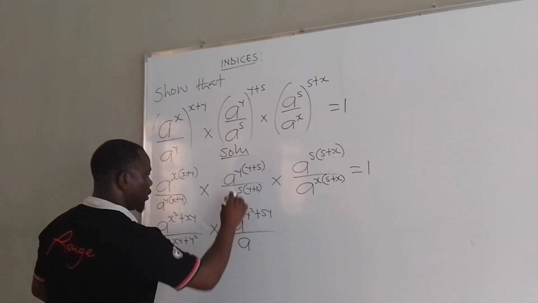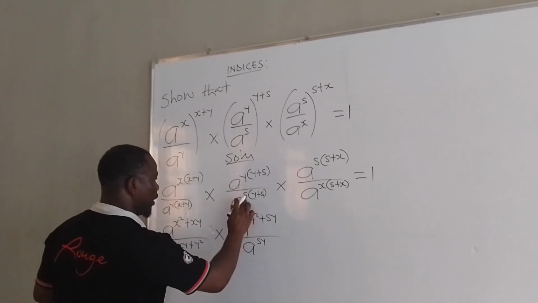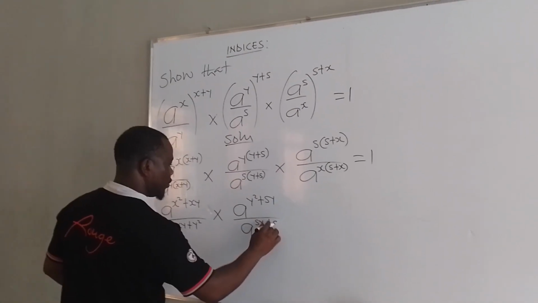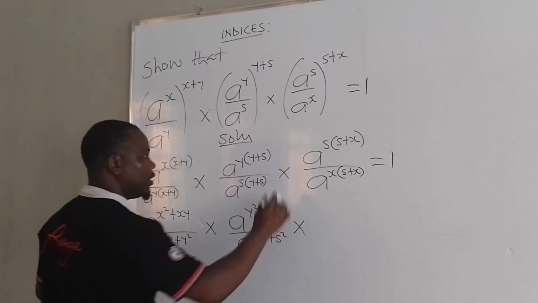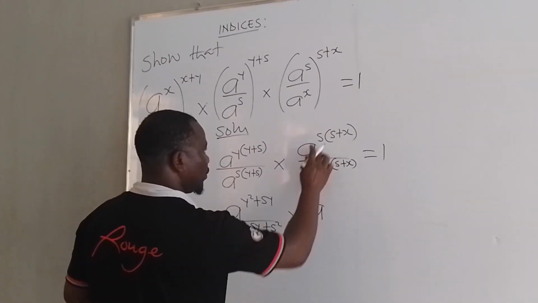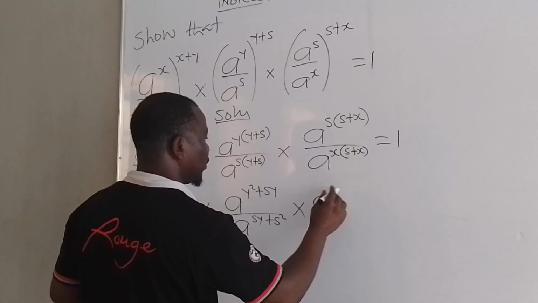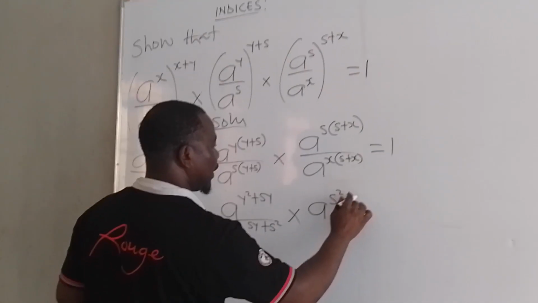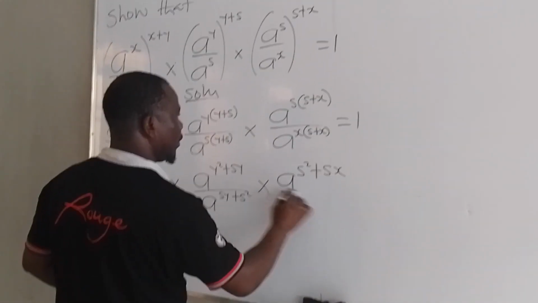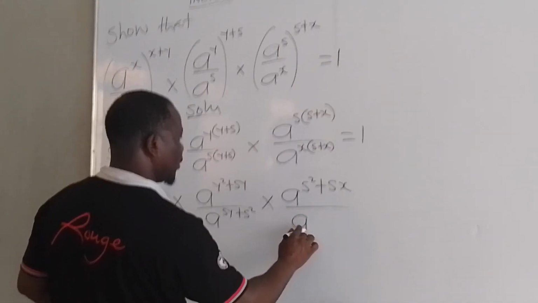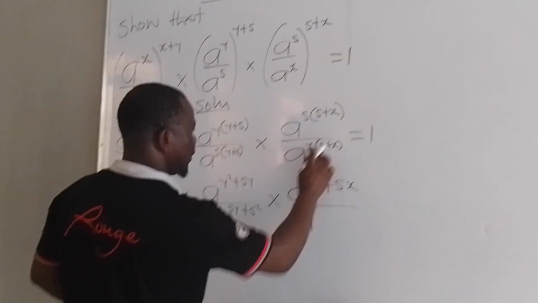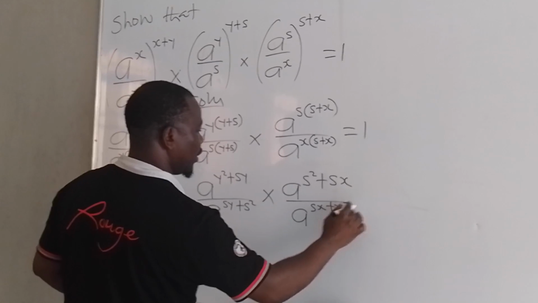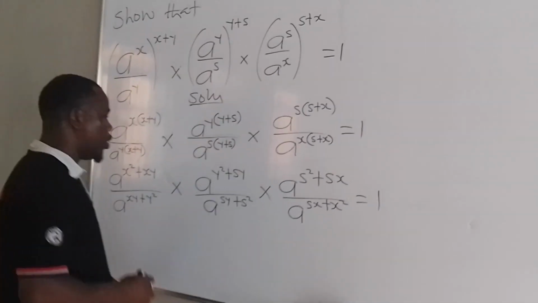Then a raised to the power of x times y, sy, plus s times s, it will give us s squared, times a raised to the power of this one times this, it will give us what? S squared plus sx, all over the same thing, times x times s is xs plus s squared. This is equals to 1.